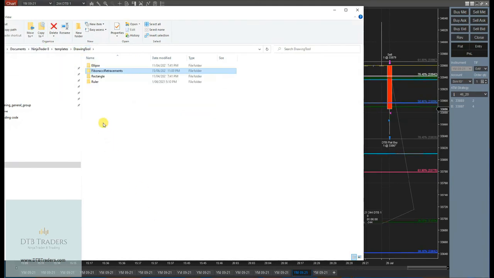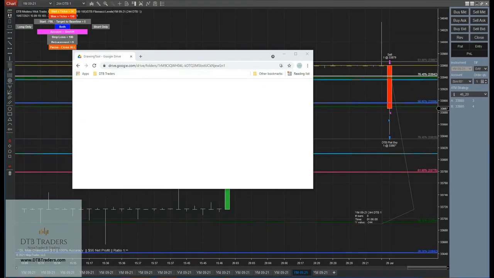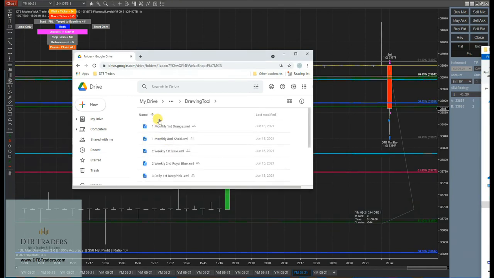If you don't have Fibonacci retracements, you just paste the folder over there. If you do have a folder called Fibonacci retracements, if you have set up some templates before, just copy and paste the contents of this folder.